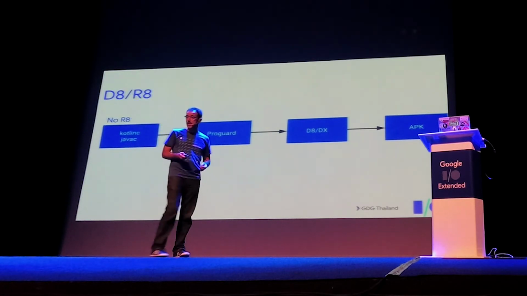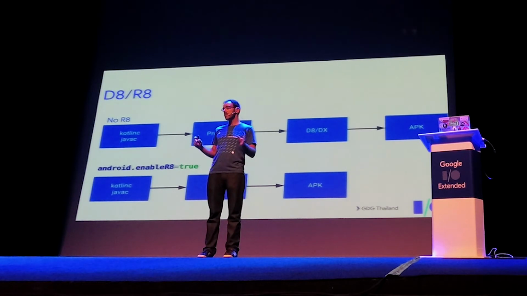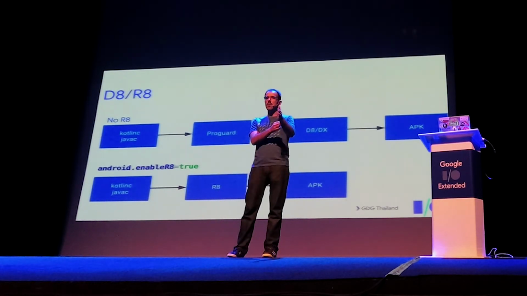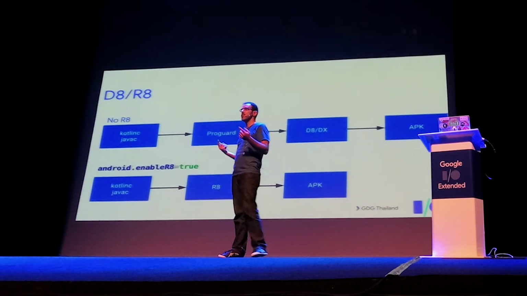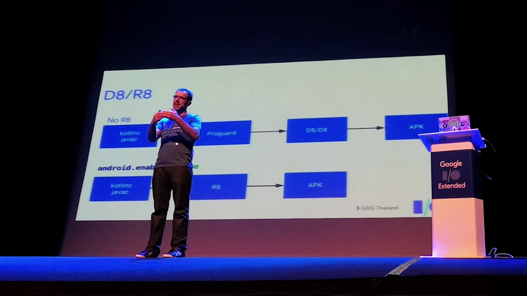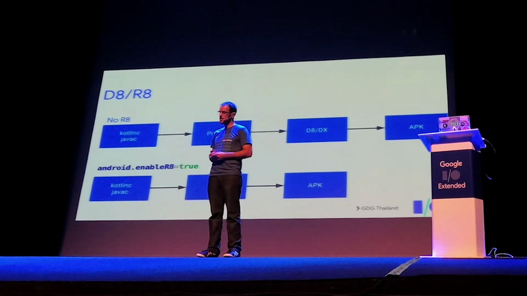Okay? With R8, it's going to be different. But we have to be clear, because we are thinking D8 dexing compiling, R8 ProGuard. Well, it's more than ProGuard only. D8 is contained in R8. So if you are using R8, you are using D8 at the same time.